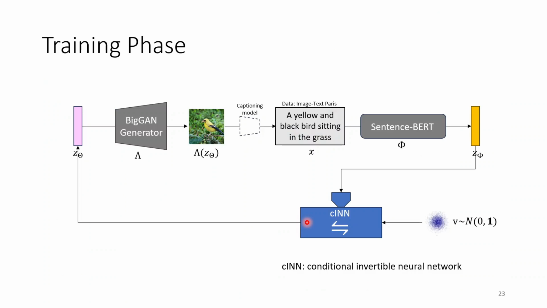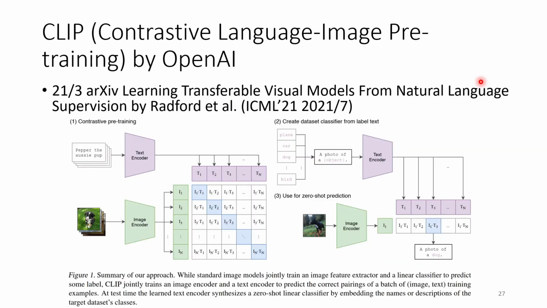Here you can see they try to link the image representation and the sentence representation. So what does it mean? It means CLIP. CLIP aims to do the same thing. They want to connect the representation of sentence and image.